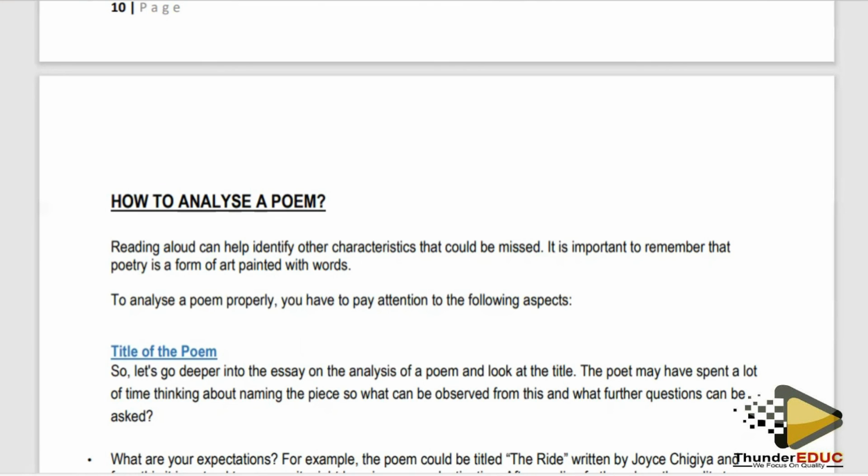With that said, let's prepare our foundation to analyze a poem by introducing poetry properly, by knowing the terminologies, the key terms, the figures of speech, the imagery, the tone, the mood, and the intention and the themes.